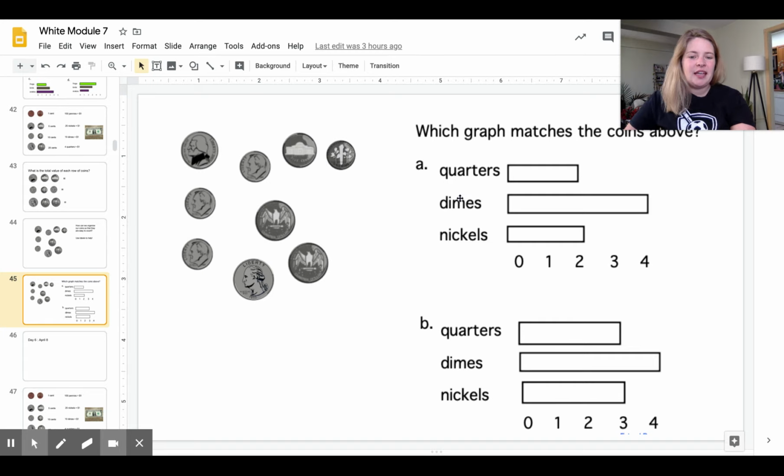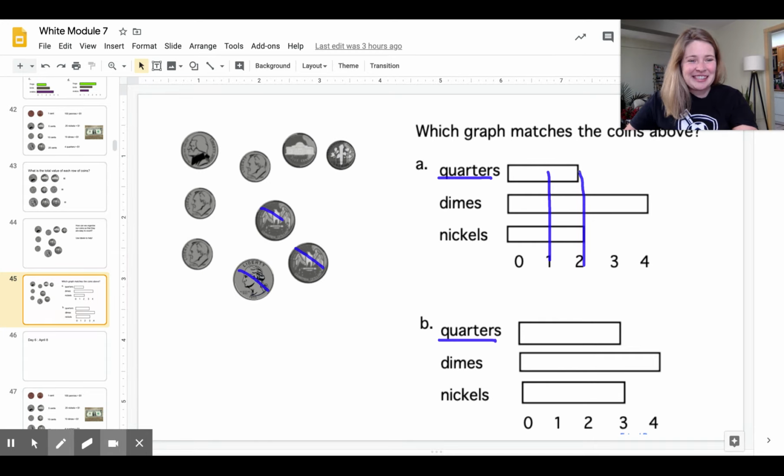Okay, let's start with quarters, just like it says to do on the first graph. Find the quarters with the money. How many quarters do we have over here? We have 1, 2, 3 quarters. Let's check our graph. 1, 2.